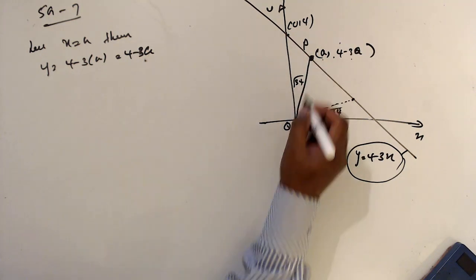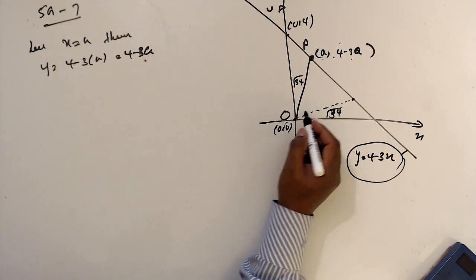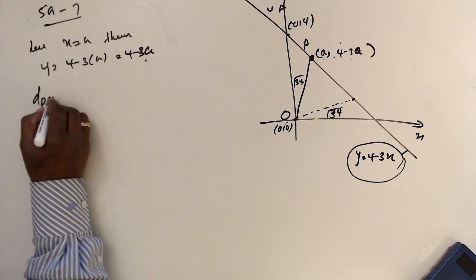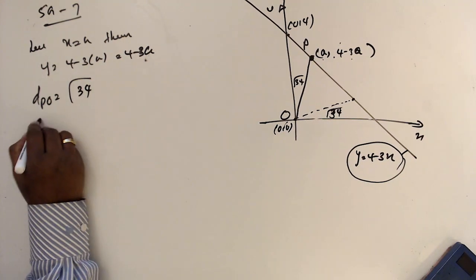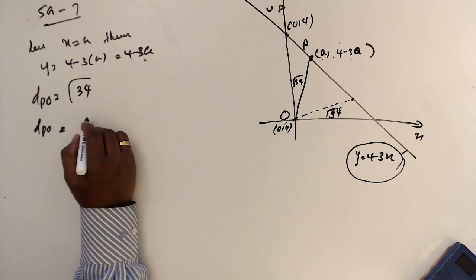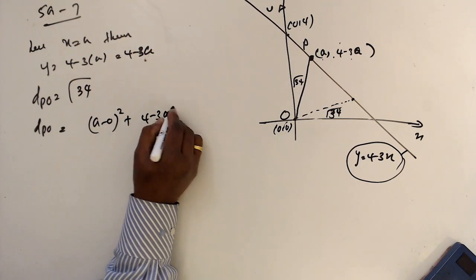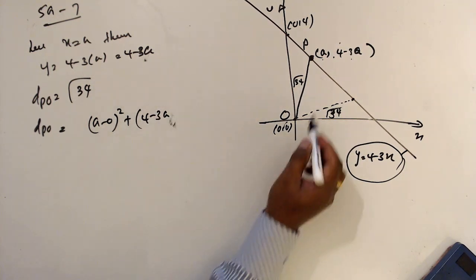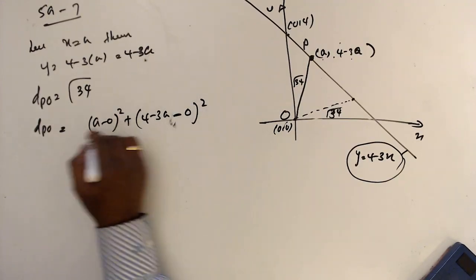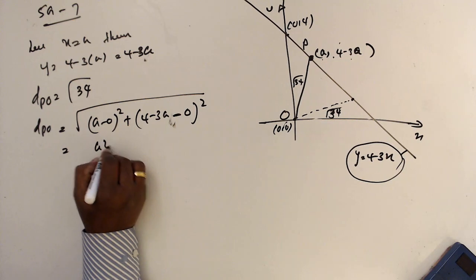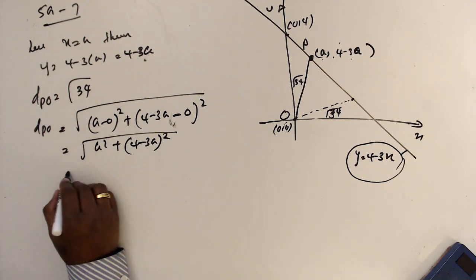I know the equation because this is the origin. The origin is (0, 0), so I'll call this O. Then the distance PO equals the square root of 34. We can also find PO from the distance formula: the square root of (a minus 0) squared plus (4 minus 3a minus 0) squared, so the square root of a squared plus (4 minus 3a) squared.